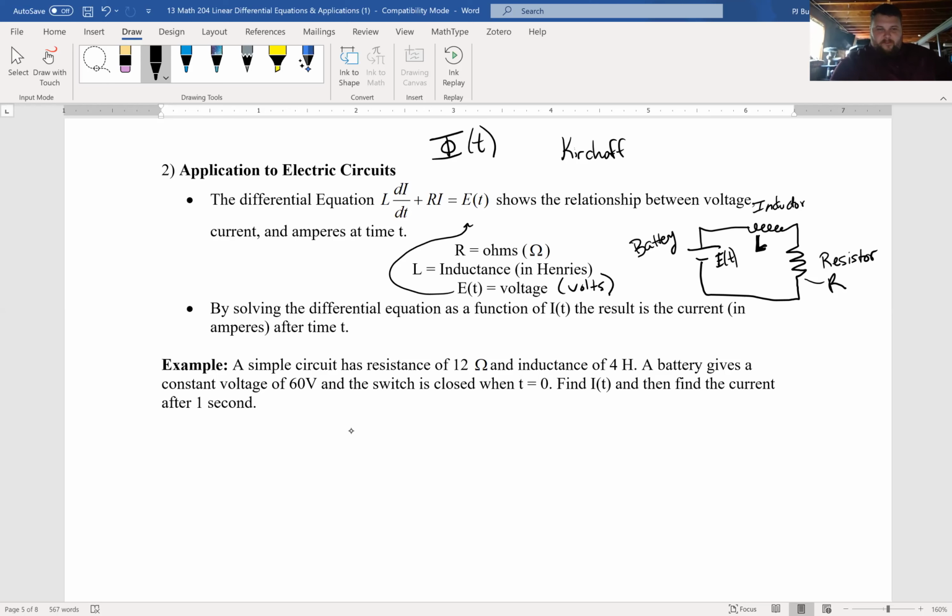Also notice, before I do that, that the differential equation is a function of I of t. So instead of y, we're now using I, and instead of x, we're now using t.